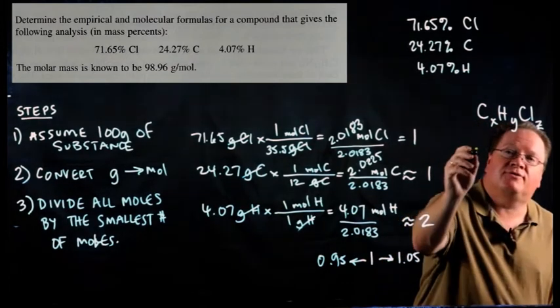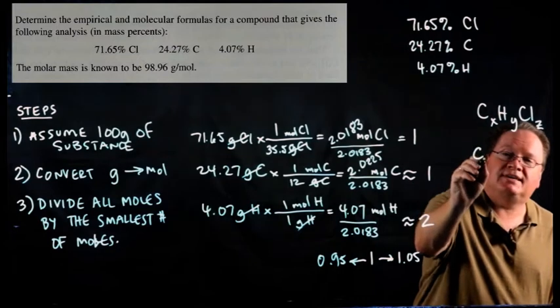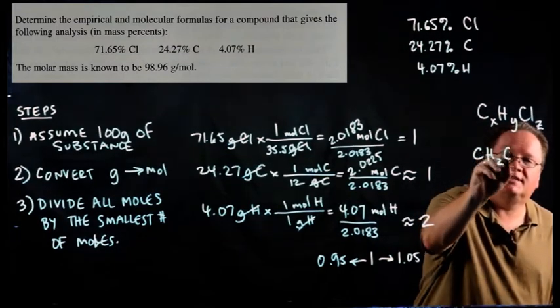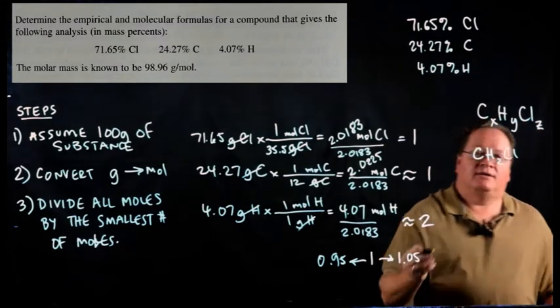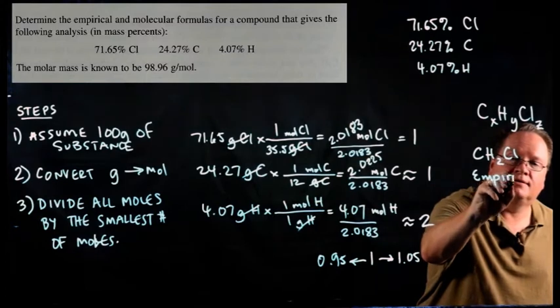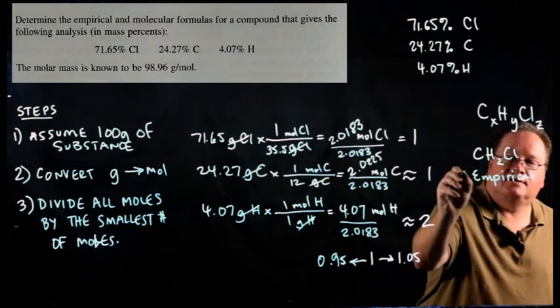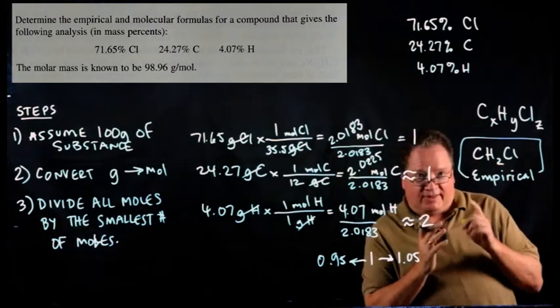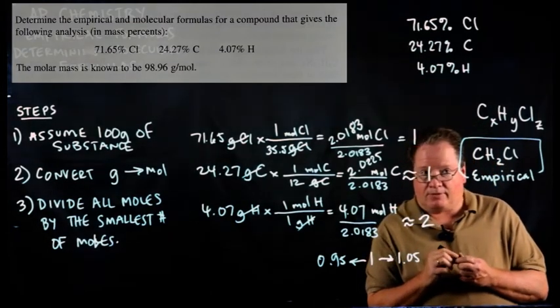The empirical formula for this compound, CH2Cl1. All right? This is our empirical formula for this particular compound. Okay?